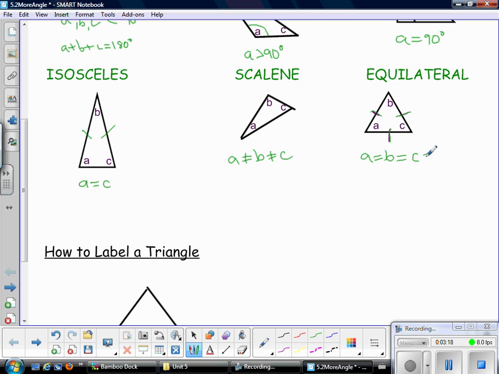The reason being, we know that if I add all the angles together, they have to equal 180. So if I have 3 of them, 180 divided by 3 has to equal 60 degrees. So in an equilateral triangle, all the angles are equal and they're equal to 60 degrees.